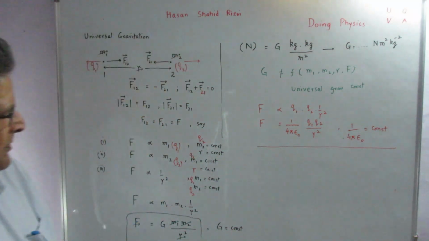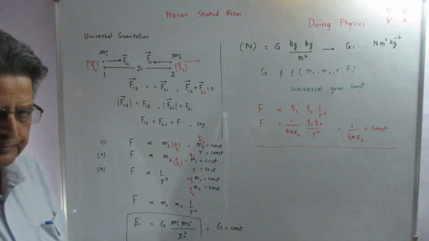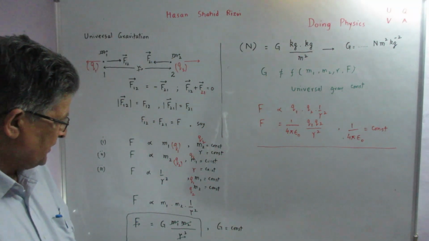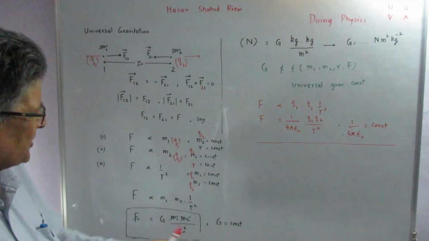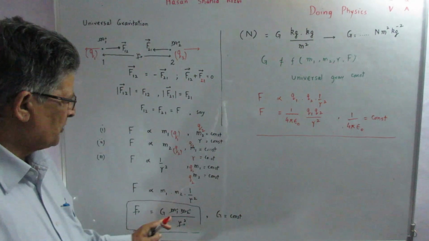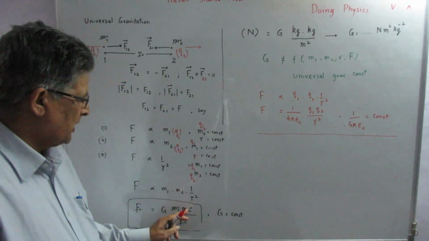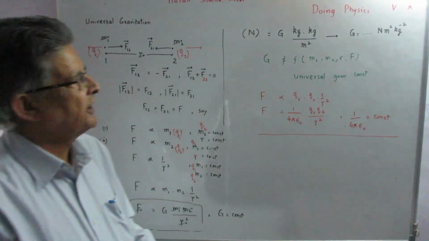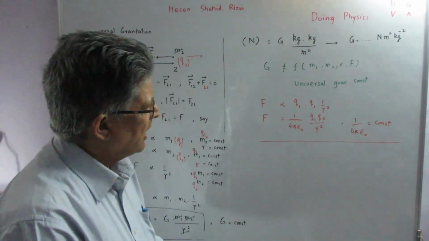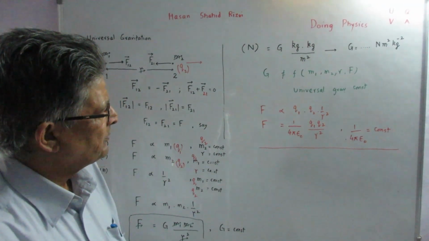Now allow me to go back to this equation: F is equal to capital G M1 M2 upon R square. Similarly, F is 1 upon 4 pi epsilon naught Q1 Q2 upon R square, which will happen in this case.